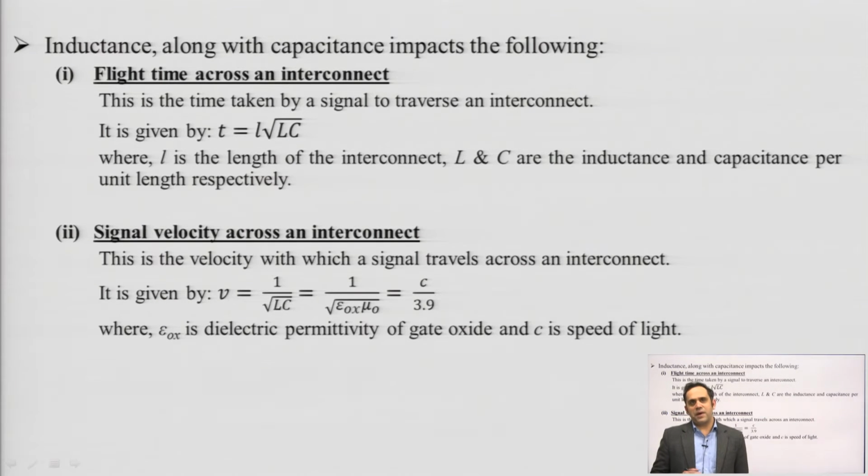And what is the impact of this inductance in an interconnect? You can use it for a few things to calculate. One important parameter is known as flight time, okay, or you can also define it broadly as flight time across an interconnect. This is basically the time it takes for a signal to travel or traverse an interconnect.